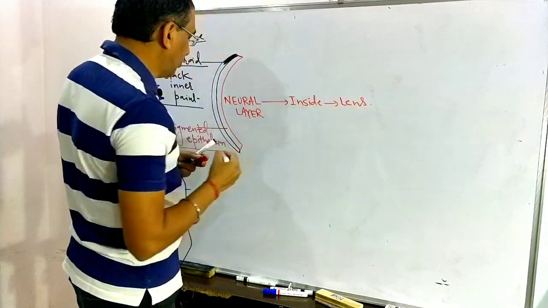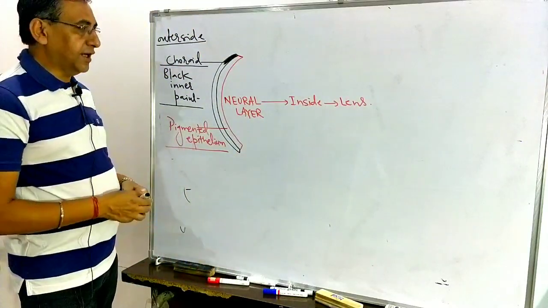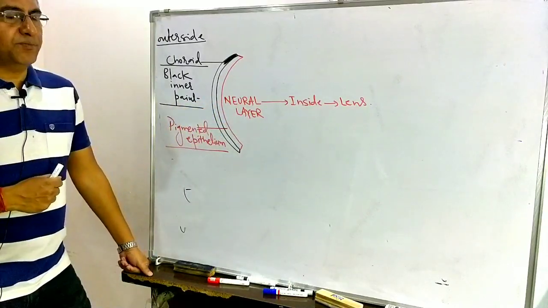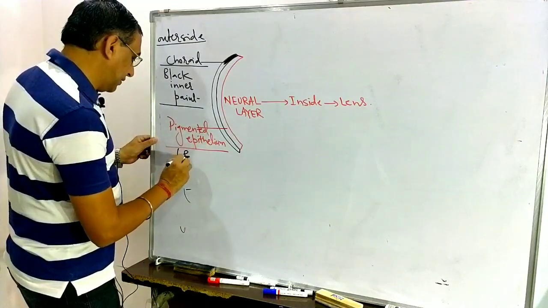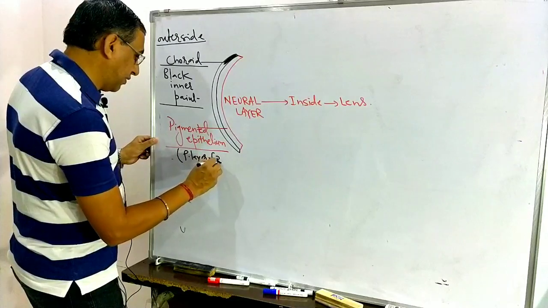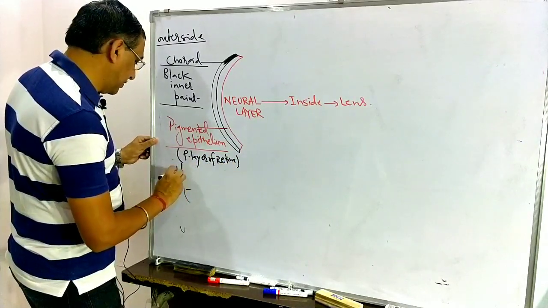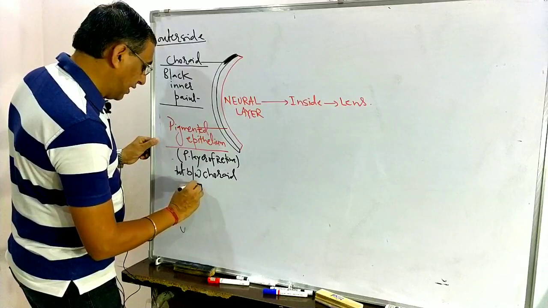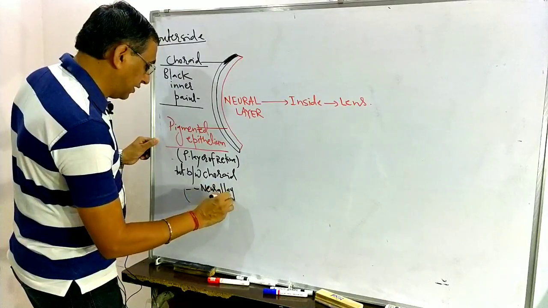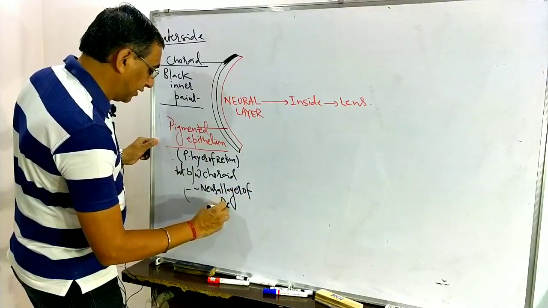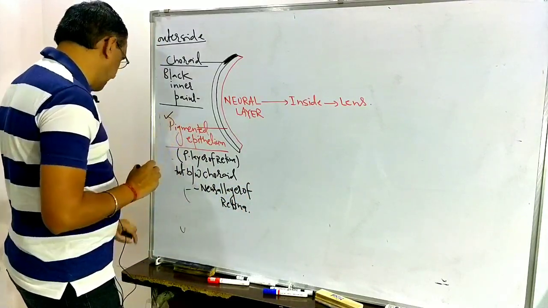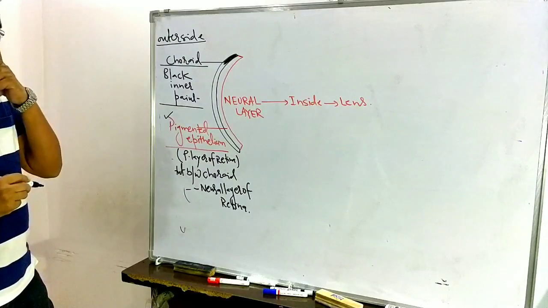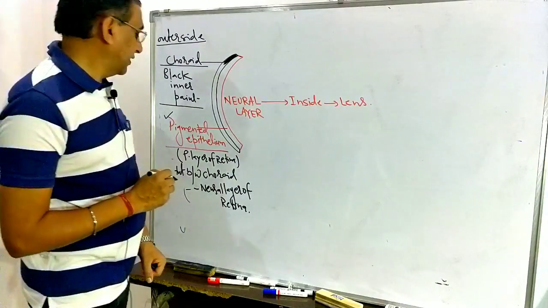So it is very important to remember that the pigmented layer of retina is present between the choroid and the neural layer of retina.